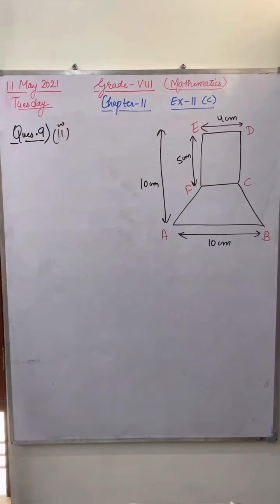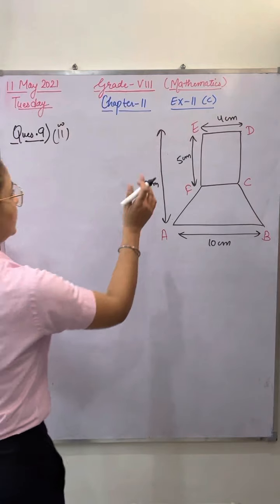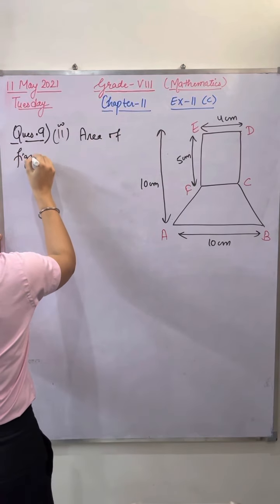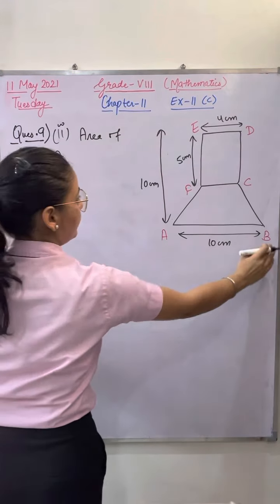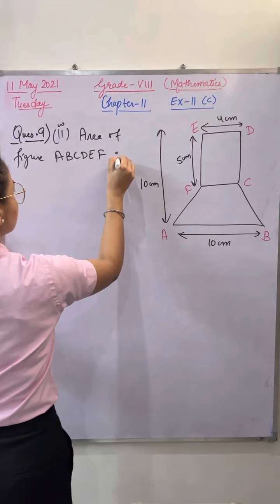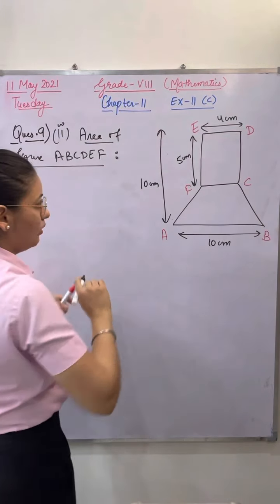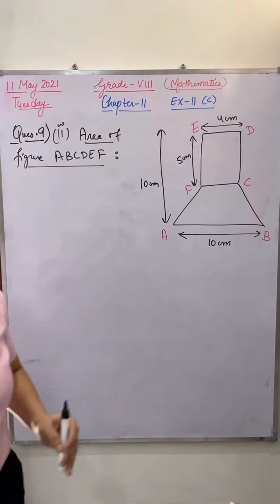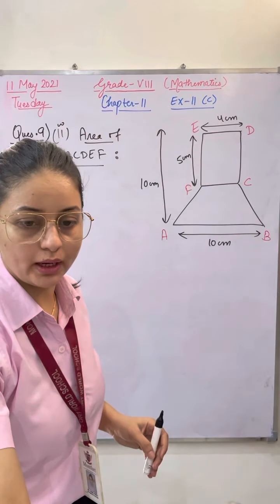Just the thing is that it should be in a sequence. So area of figure A, B, C, D, E, F. Right? Now, you have to split the shape in how many parts? Let me ask one by one.